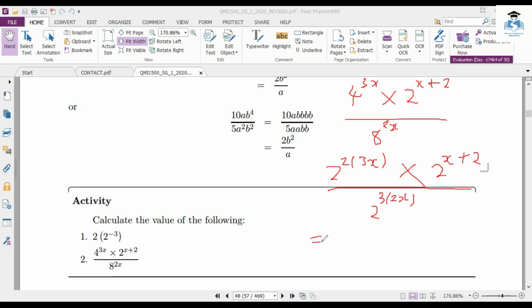Then we are going to say 2 to the power 6x.